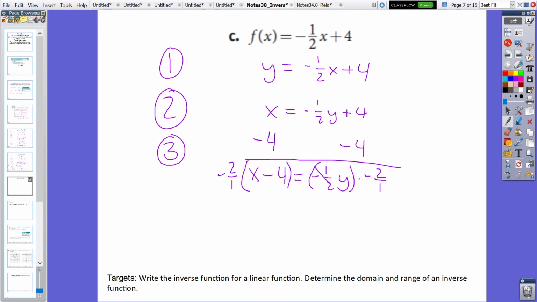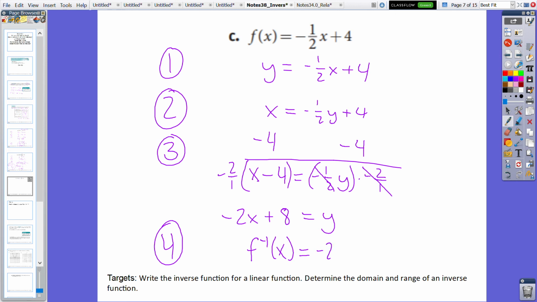My fractions cancel out first of all, and I'm left with negative 2x plus 8, which is once again equal to y. And then my last step is replace y with f inverse of x. This is going to be equal to negative 2x plus 8.